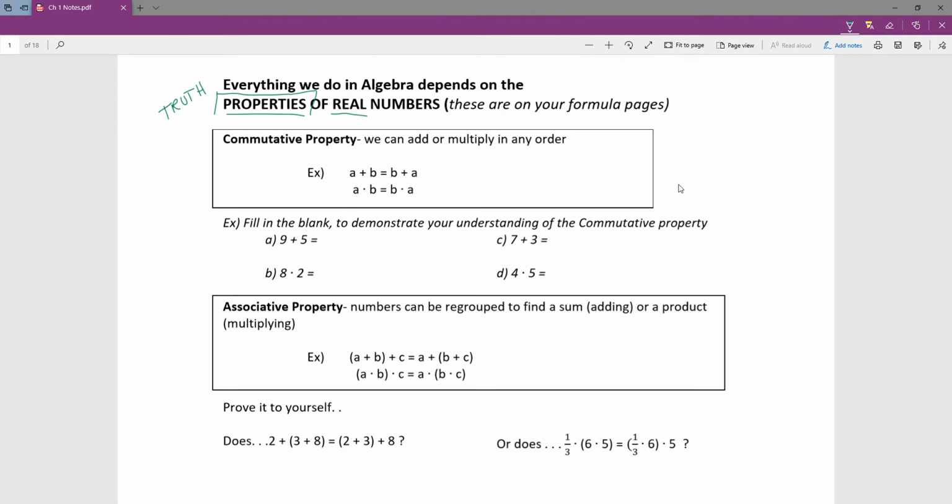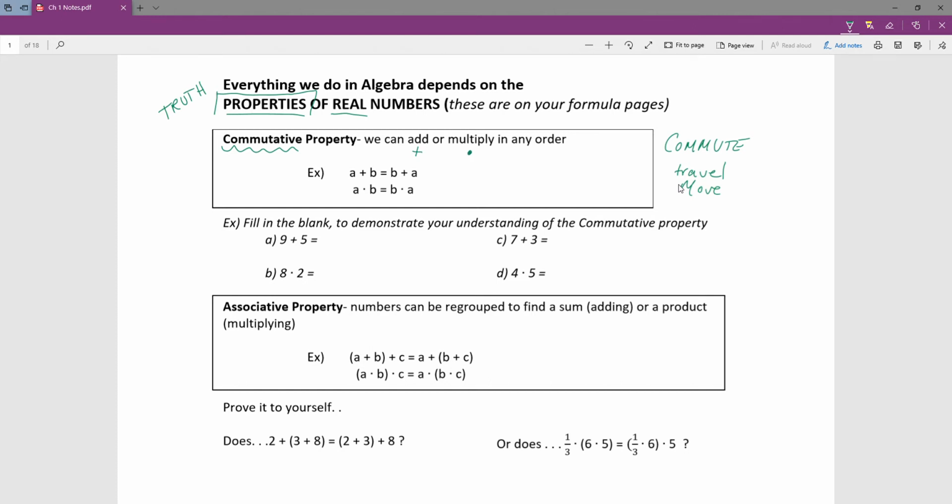So the first one is the commutative property. And so if you think about what it means to commute, when you commute to work or commute to school, that means you're going to travel. You're going to move around, right? And so what the commutative property is, it's the commutative property of addition or multiplication.